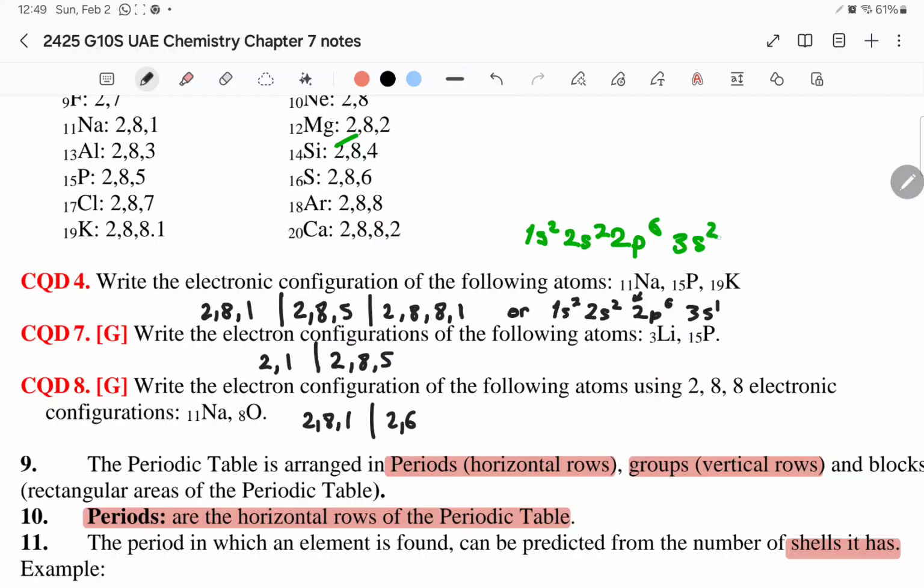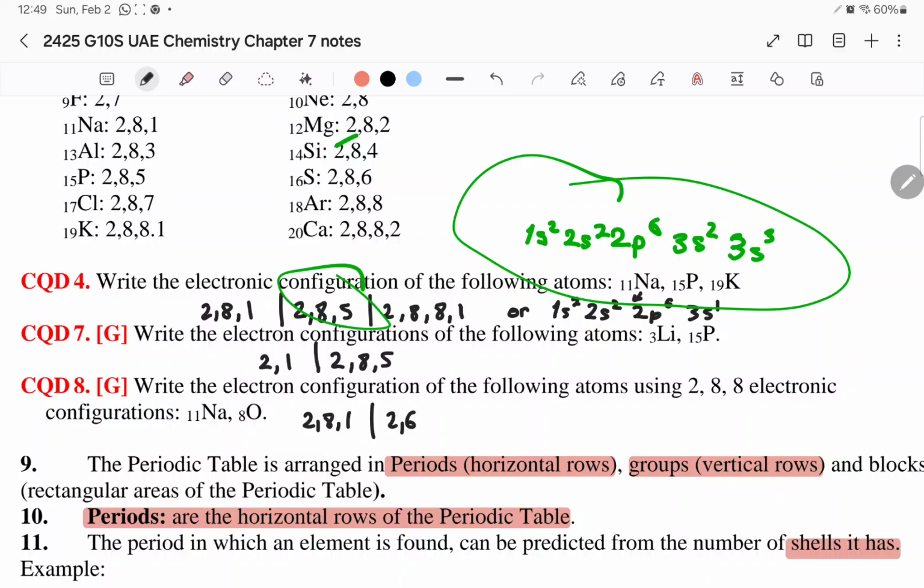It's 3S2, 3P3. That's how you write it. See what I mean with this way? It's really confusing to write, and I don't think any student has the brain power to do this way in the exam, especially if we have the option to do it in the other way. So don't do this way ever unless they specifically ask for the SPD method.